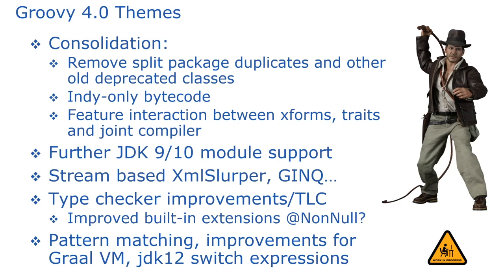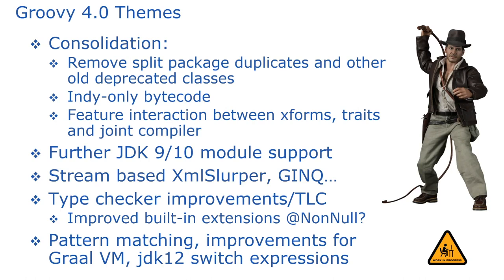There's some feature interaction that occurs between transforms themselves, between transforms and traits, between transforms and the joint compiler. We're not saying we're going to have that completely solved, but we've got some known steps that we can take that'll allow us to progress quite a bit of that. So we've got some plans in place to progress that forward.